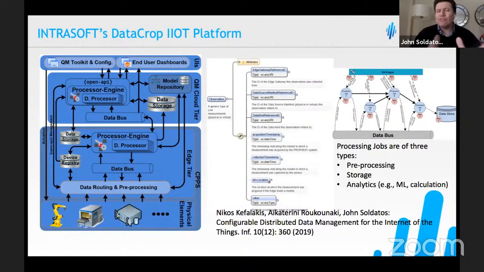Of course, we have done over the years a platform, we call it Datacrop, and you can use it to gather data from the field and deploy functionalities either at the edge or route this data to the cloud and have this cloud-edge interplay. So typically, we want to transmit to the cloud data points that are of interest because we want to economize on bandwidth and storage.